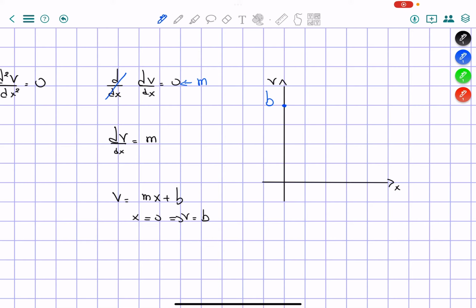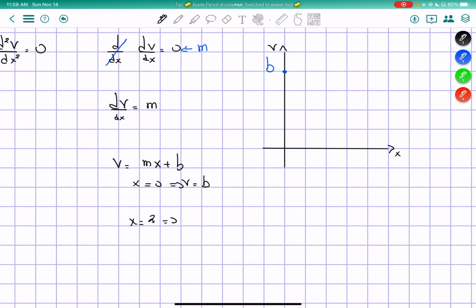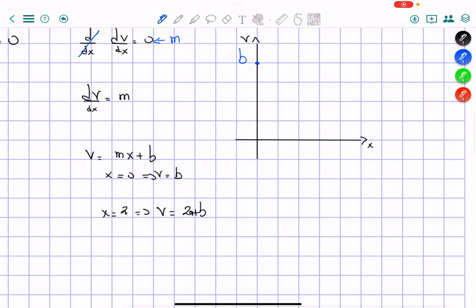And then we can say that when x is equal to a certain number, so I'll say 1 to make it easier. Actually, let's make it 2. So v is equal to 2m plus b. So let's just say that this point is right here.